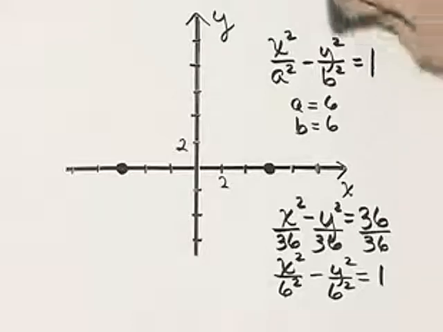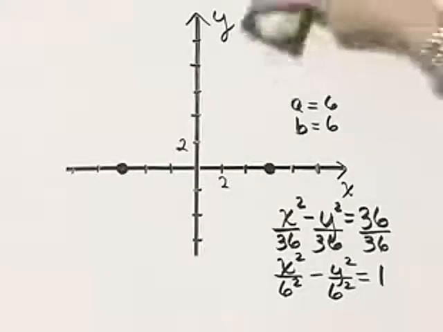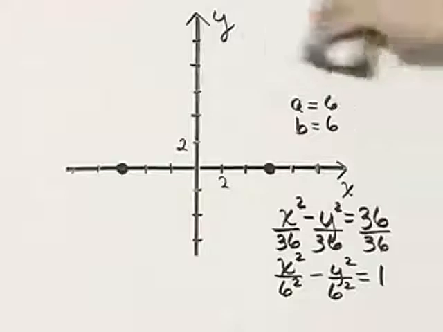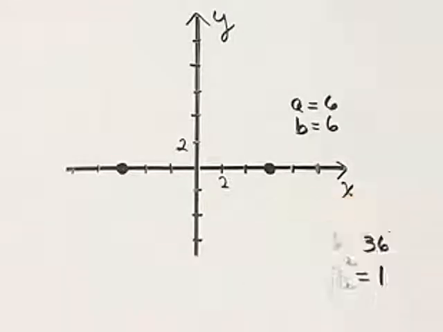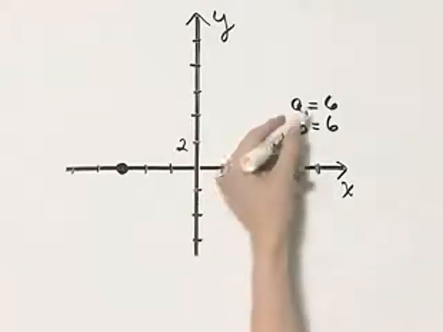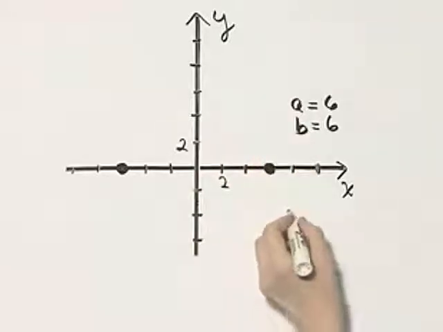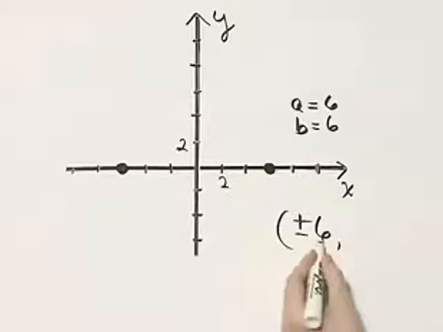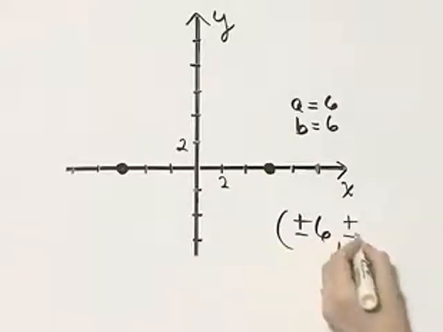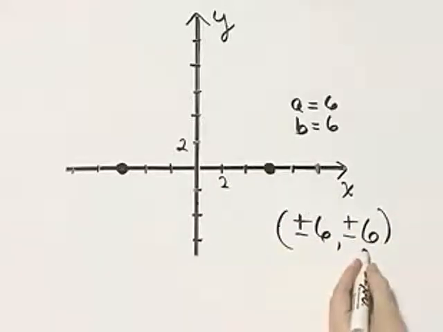So remember that a is 6 and b is 6, and that will help us draw the corners of our rectangle. We'll look at all ordered pairs of the form plus or minus 6. That's plus or minus a, plus or minus 6, that's plus or minus b.